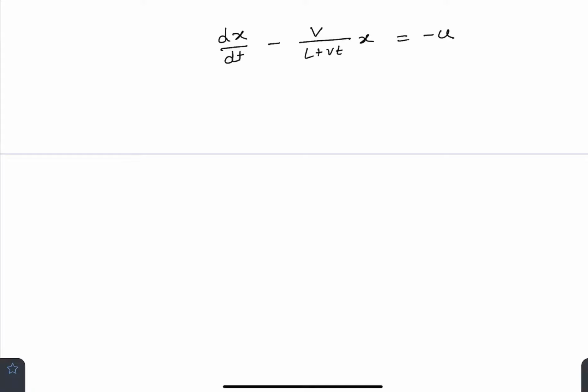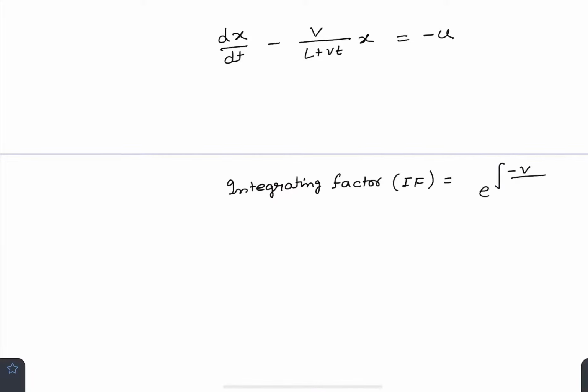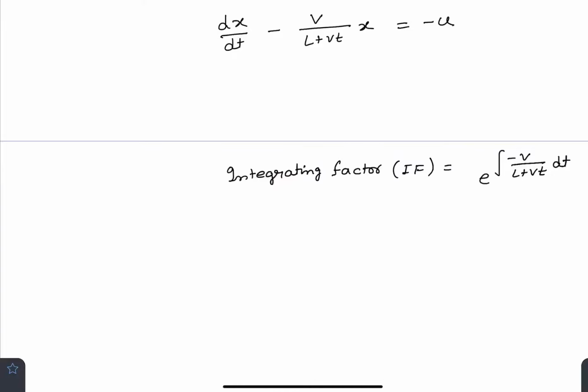The integrating factor, or IF, would be equal to e raised to the integration of minus v upon L plus Vt, the term with x, dt. This we need to get.